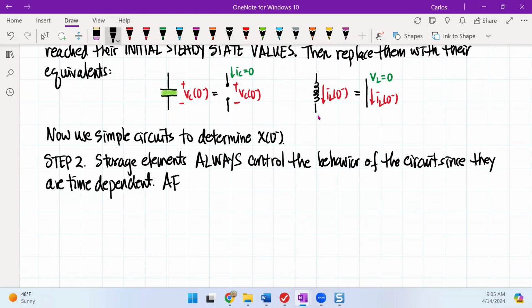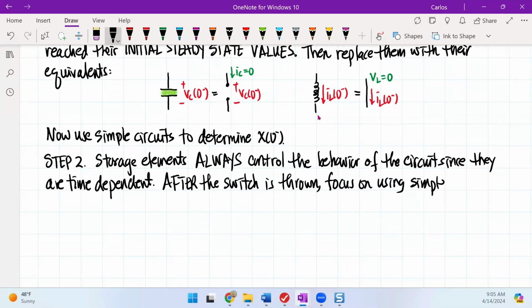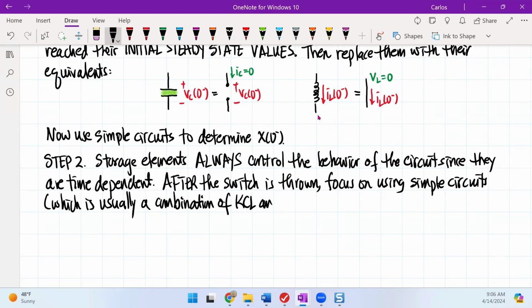So after the switch is thrown, focus on using simple circuits, which is usually a combination of KCL and KVL to isolate dx of 0 plus slash dt.